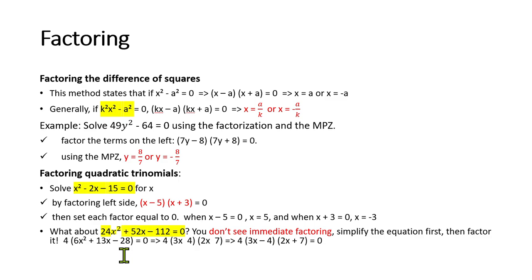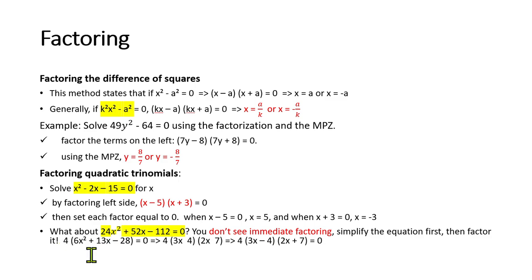Another example here. What about 24x squared plus 52x minus 112 equals 0? So this has large numbers, so it's not easy to get the factoring immediately. Then try to simplify the equation first. Here you see each term can be divided by 4, so you can factor 4 out.